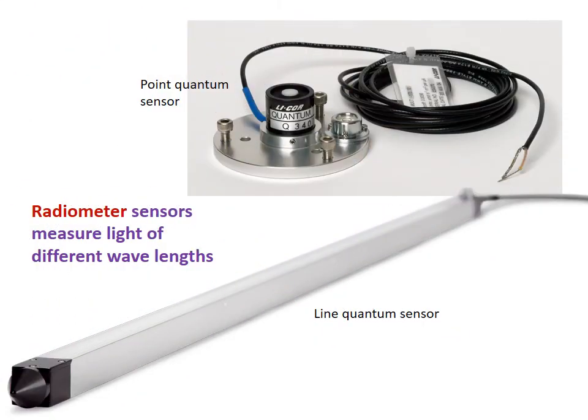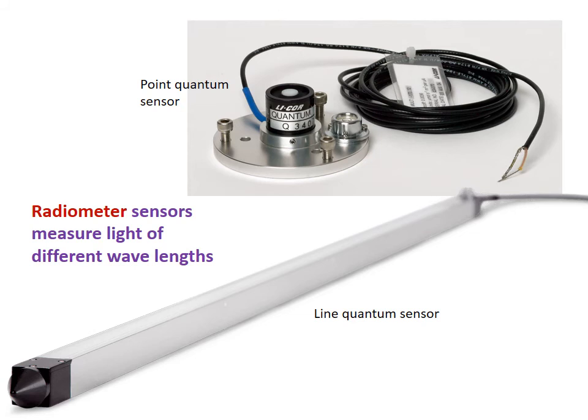As I told you in the last slide, the duration of sunlight nowadays we don't measure very much. We actually measure the quantity of the sunlight at different intervals of time. For that we use radiometer sensors. You find a large number of radiometers nowadays, because people are interested in different wavelengths of light.